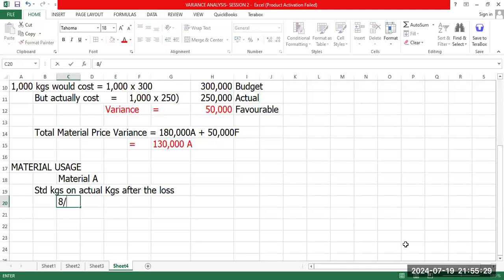Then we multiply by the total actual kgs, which is 2,000. How many kgs do you get if you do that? 1,333. These are kgs.